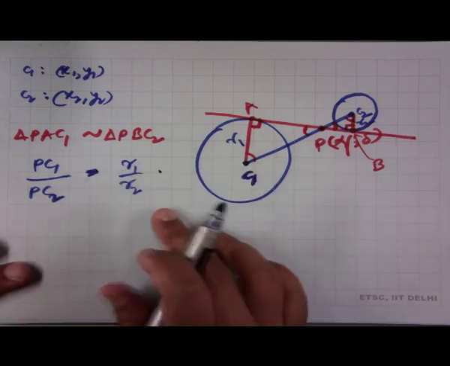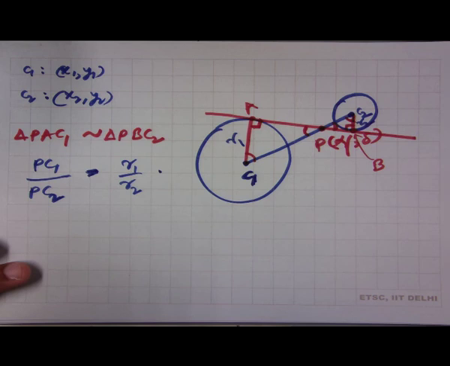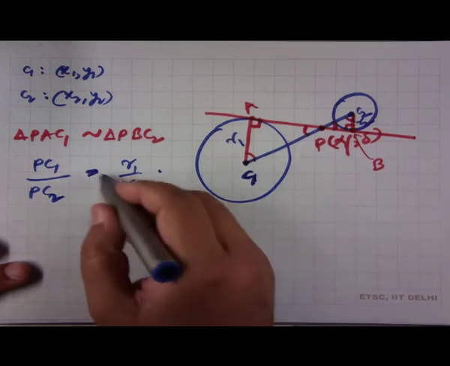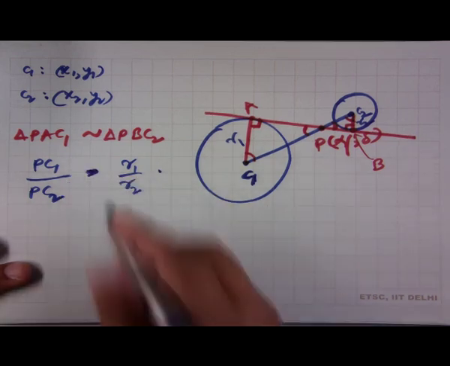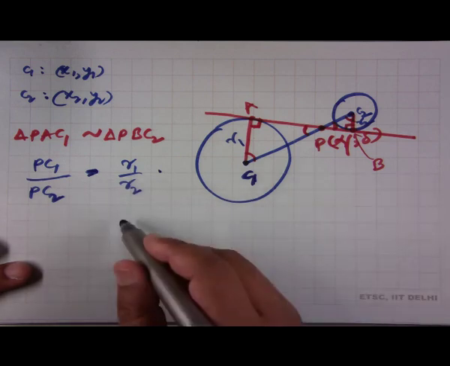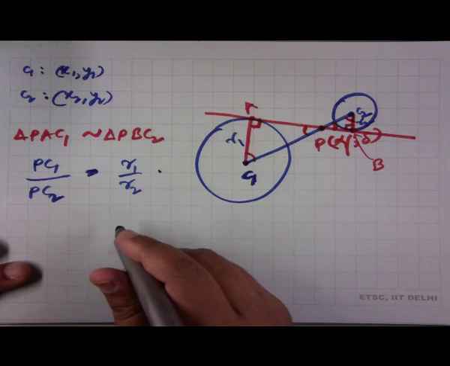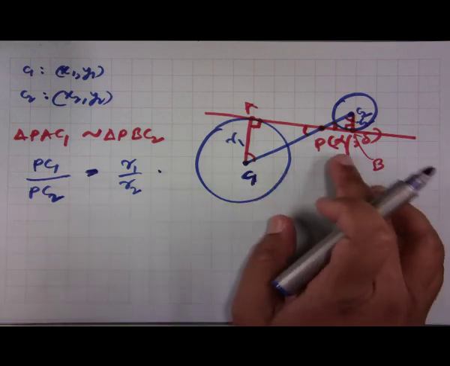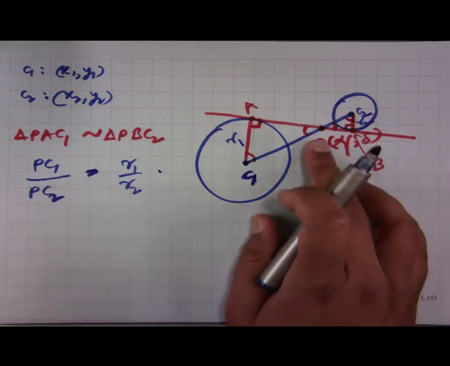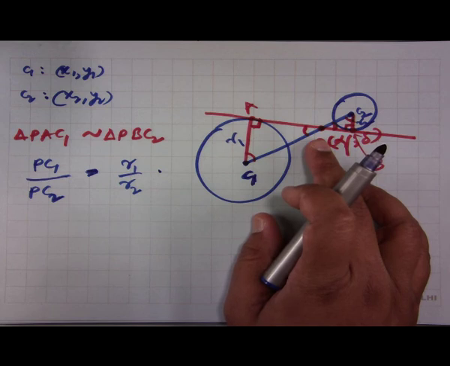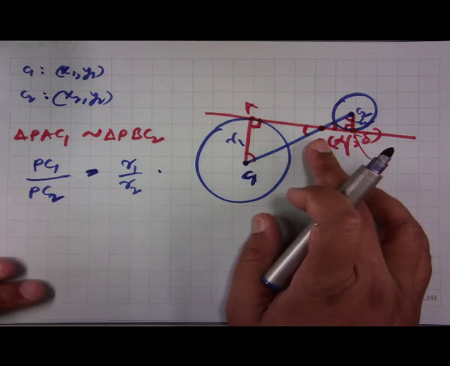Now, starting from here, it is very easy, just like what we did earlier, to find the coordinates of this point of intersection, and that is left as an exercise for the students.